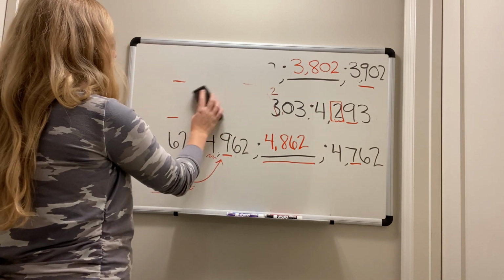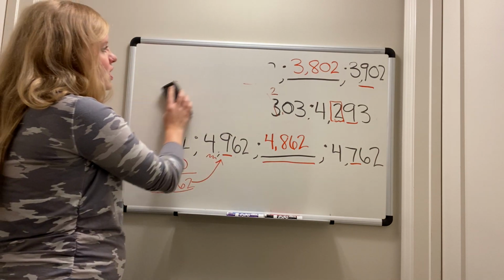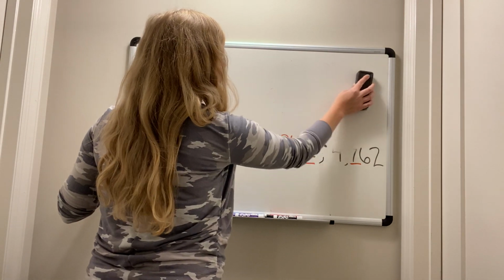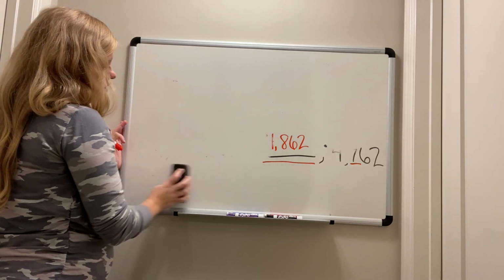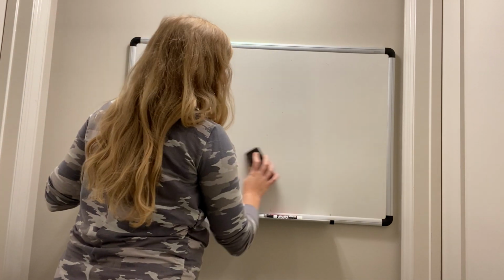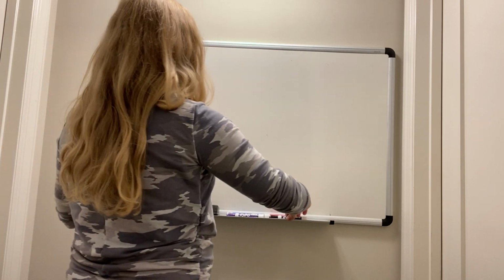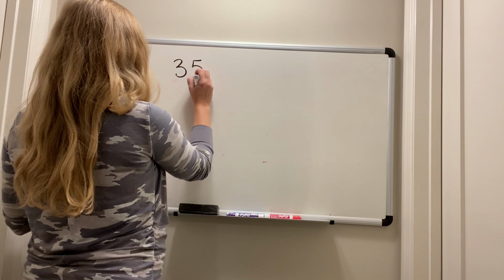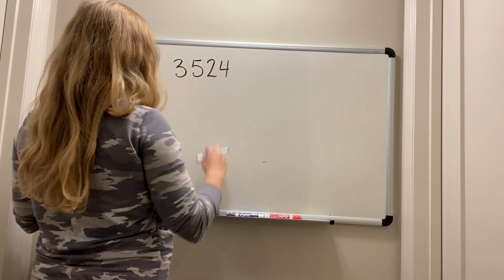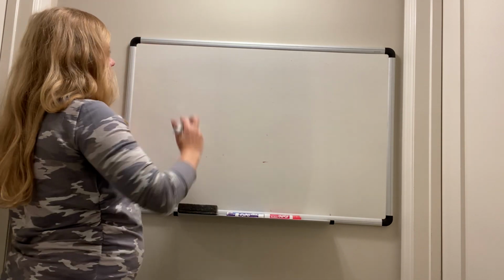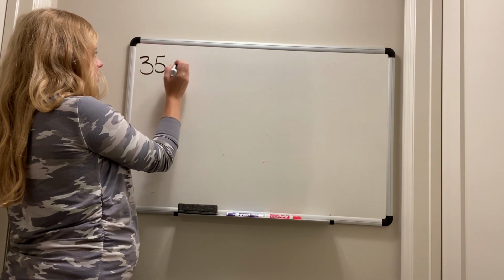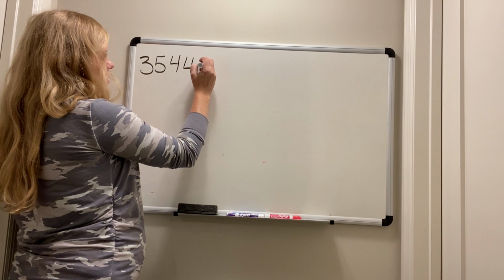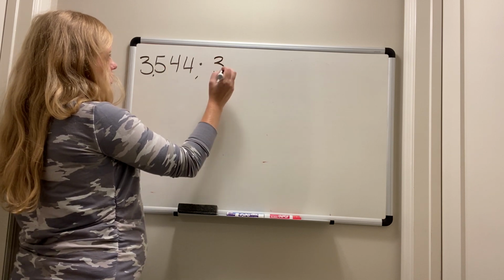Okay, scholars, now is the time that I'm really going to try to trick you. I'm going to give you two number patterns. One's going to be pretty simple. The other one is going to be kind of tricky. So you do your best to solve them on your own, and then we'll go over them. Okay? Here we go. Wait, let's go all the way over here. Sorry, scholars. 3,544, 3,000.